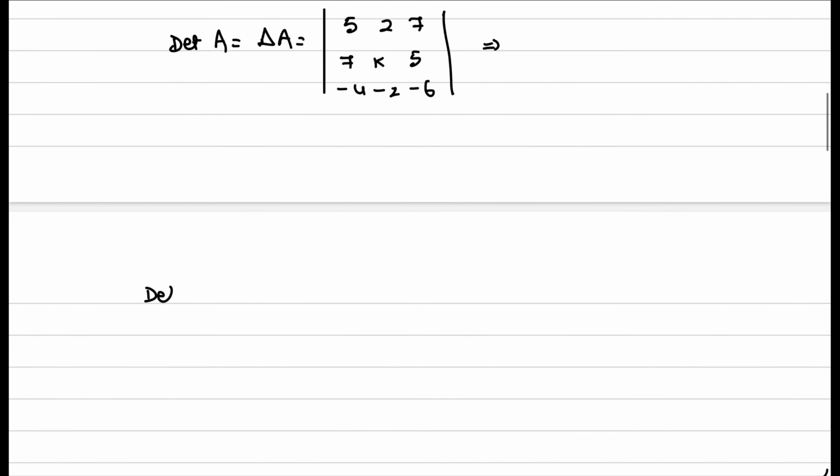Determinant of A is equal to delta A is equal to 5 into, because first element is 5, into k into minus 6 minus 5 into minus 2. Not minus 4, it is minus 2.